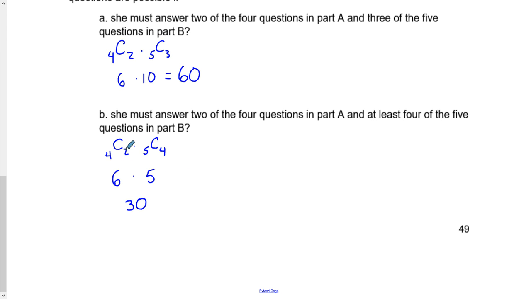There'd be 30 different ways of having 2 from part A and 4 from part B. Then we have to consider, what about if she answers all 5 questions from part B? That would be 4C2 multiplied by 5C5. 4C2 is 6, 5C5 is 1. So 30 plus 6 is 36.